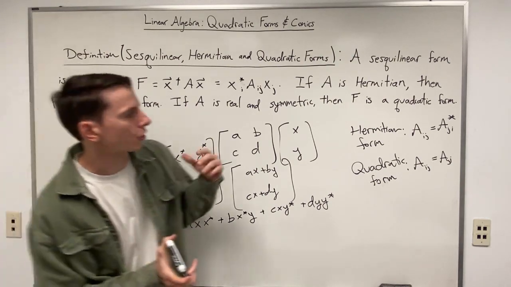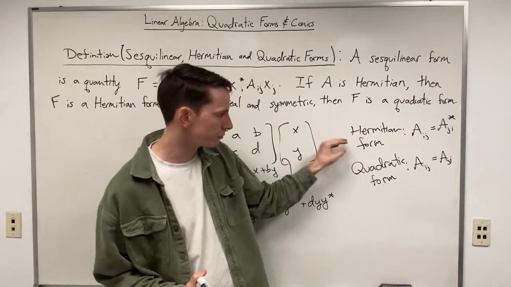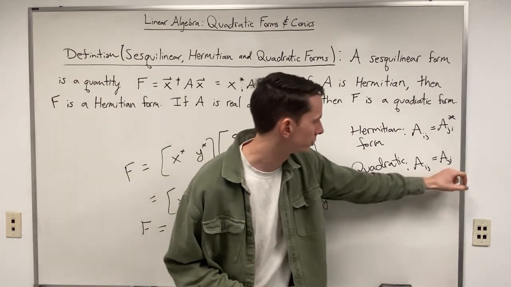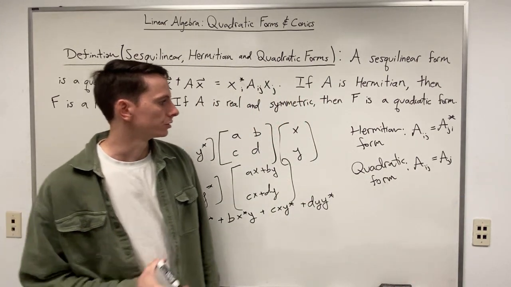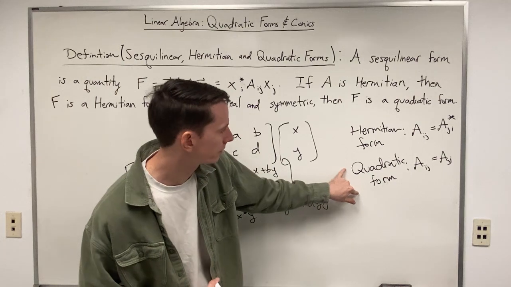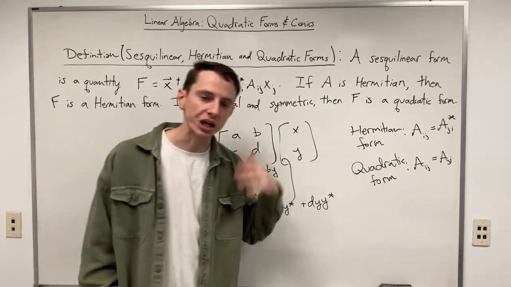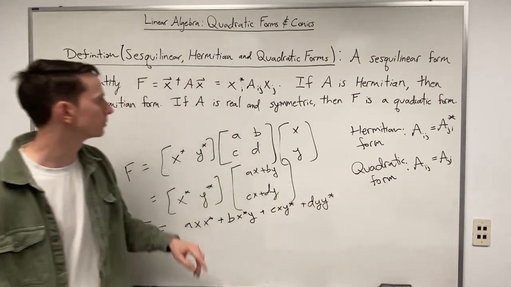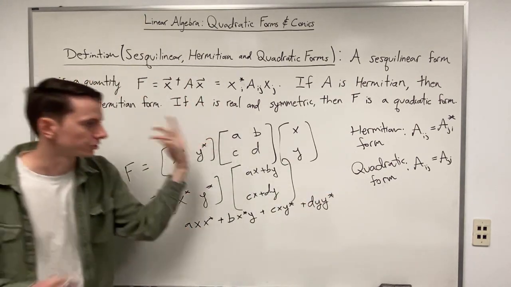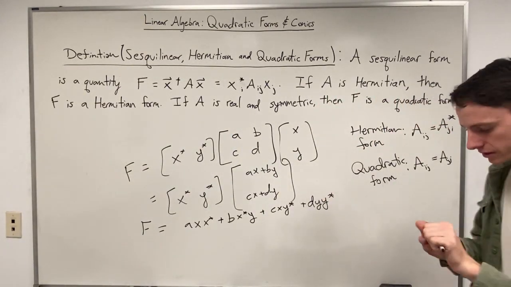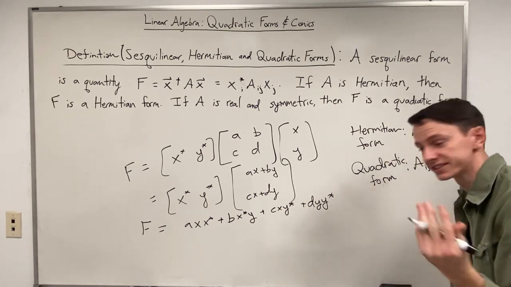But notice that part's already contained in the Hermitian form too, right? The fact that we're interchanging the indices. So we see that property of a quadratic form is contained within the Hermitian form. And then the other part of the quadratic form is that the matrix needs to be real. So that just tells us that all the elements need to be from the set R, right?